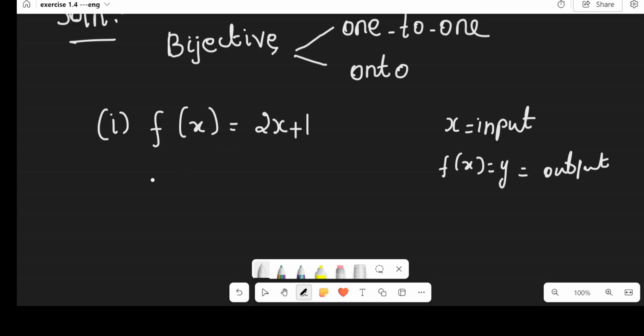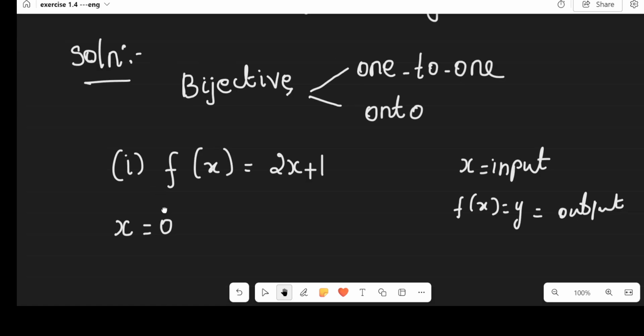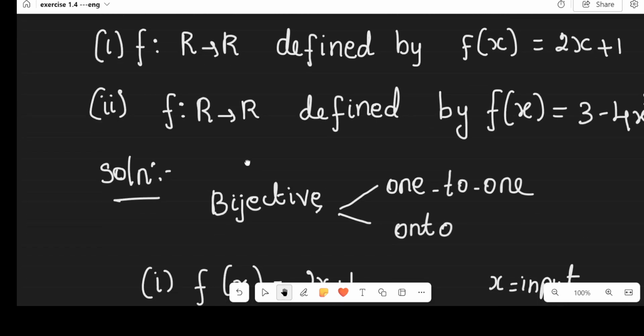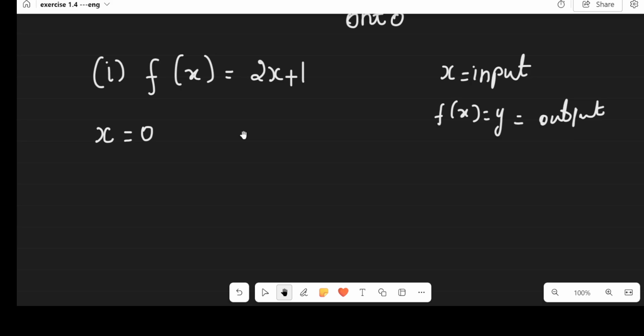Now I am going to provide the value for x as 0. Here R to R means real numbers. Real numbers include 0, negative numbers, and positive numbers. I am starting from 0.